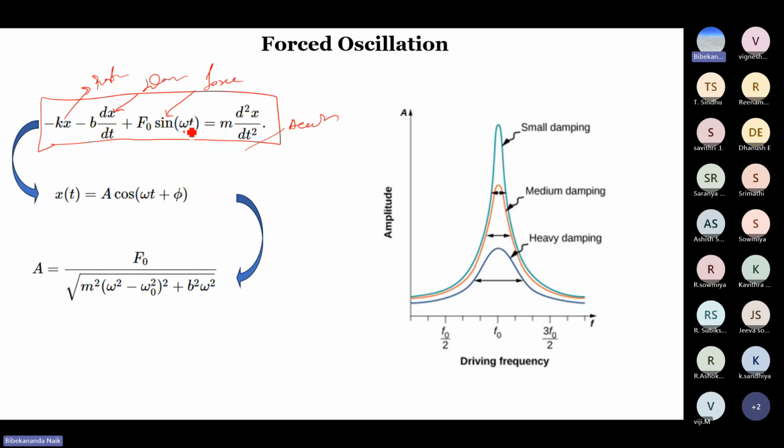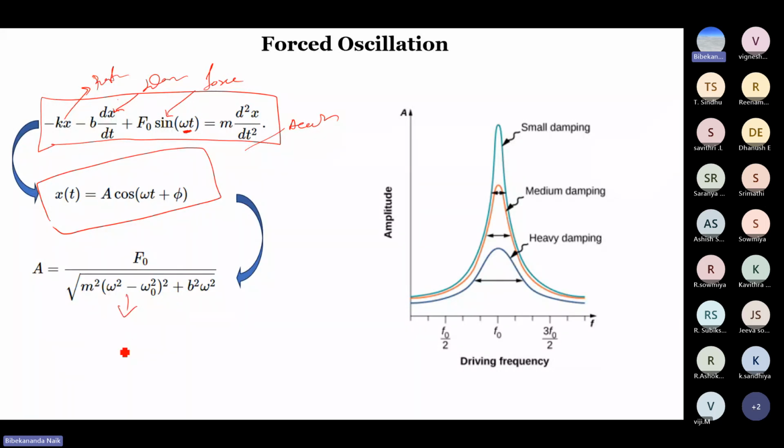If you solve this equation, it will be x(t) = A cos(omega t + phi), but here A is f0 divided by the square root of m square (omega square minus omega 0 square) whole square plus b square omega square.